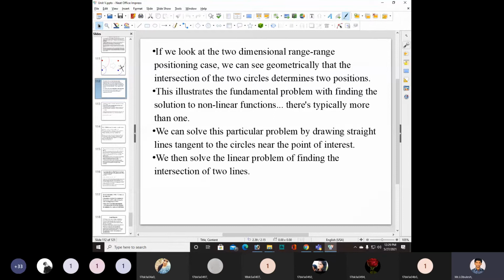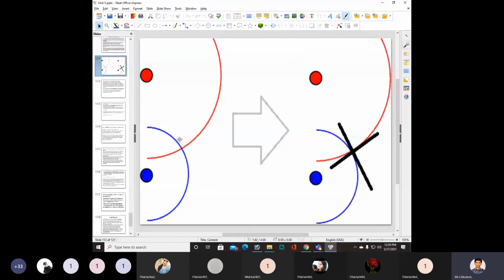So in this, you need to see the diagram. Here on the board diagram, we have a 2-dimensional ranging position case. We need to see geometrically that the intersection of two circles determines two positions, here and here. Here we have two points, this and this.